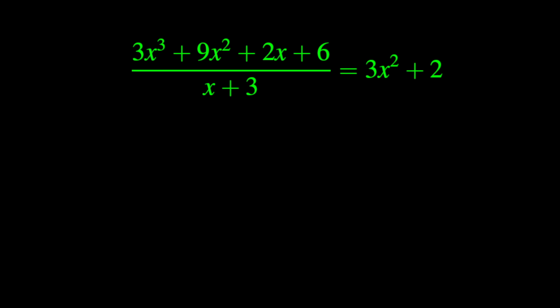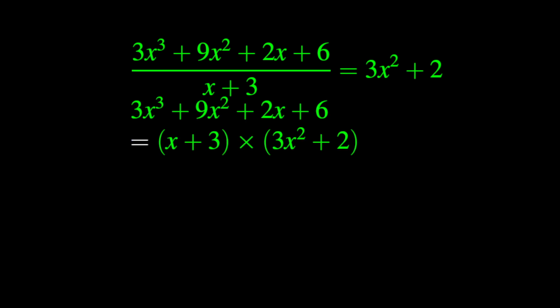When we divide 3x cubed plus 9x squared plus 2x plus 6 by x plus 3, we get 3x squared plus 2. Therefore, 3x cubed plus 9x squared plus 2x plus 6 can be written as the product of x plus 3 and 3x squared plus 2.